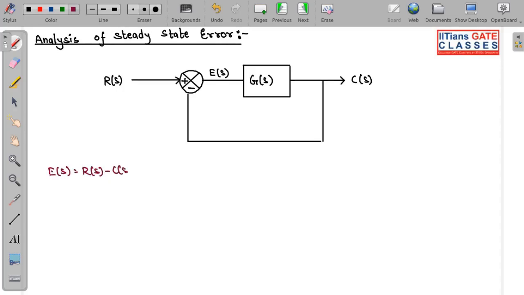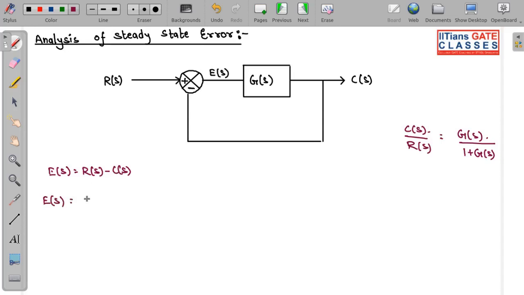RS minus CS, and we know CS by RS is equal to G of S divided by 1 plus G of S. So put the value of CS over here.